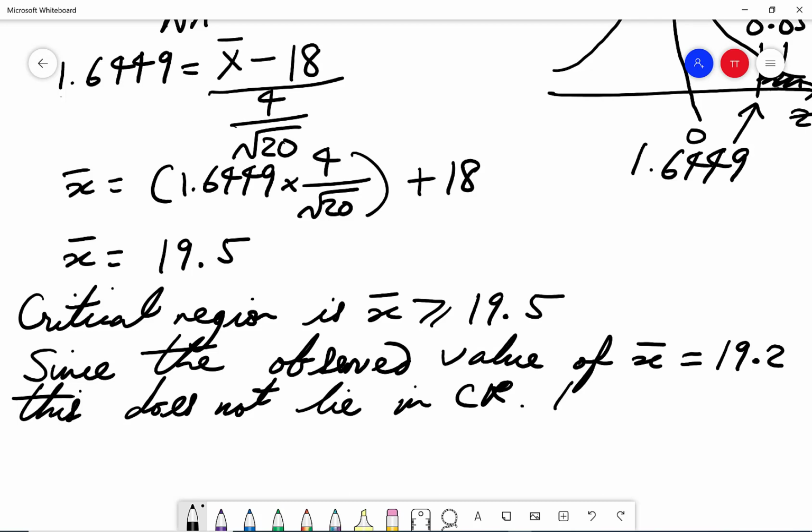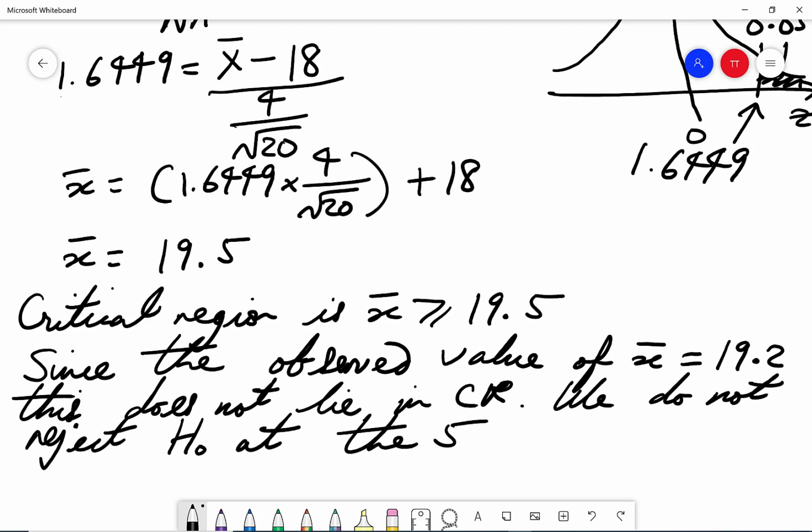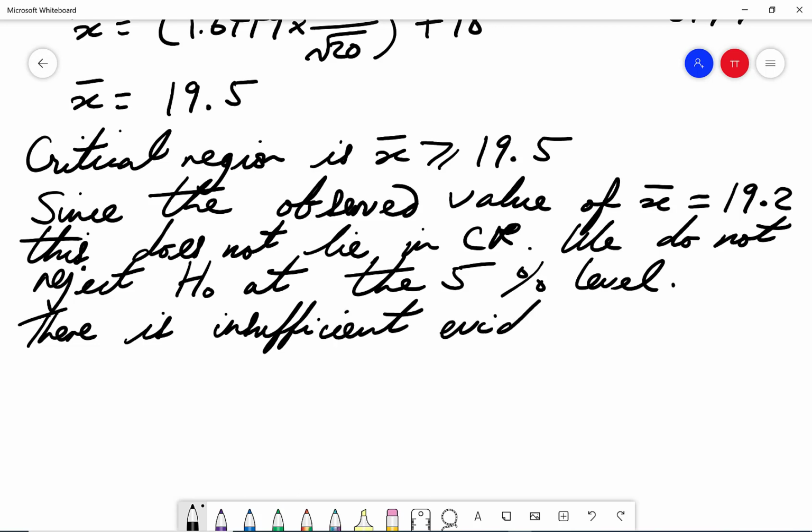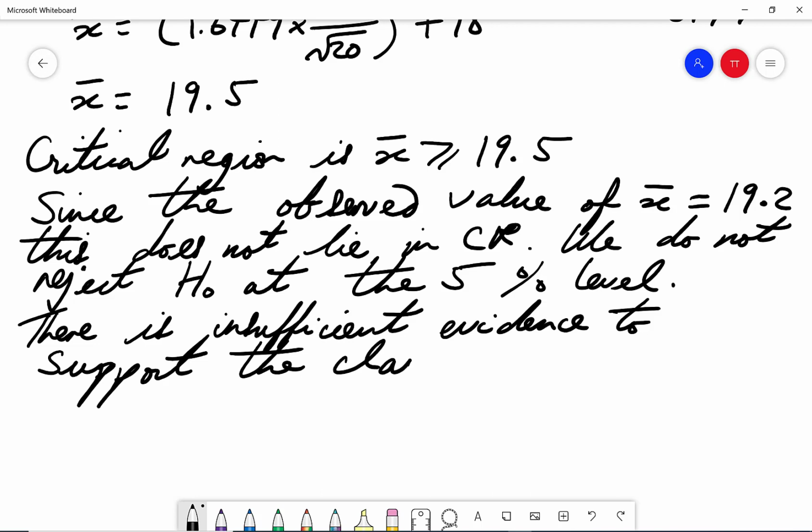So we do not reject H0 at the 5% significance level, and we say there is insufficient evidence to support the claim. And that's it. We are finished.